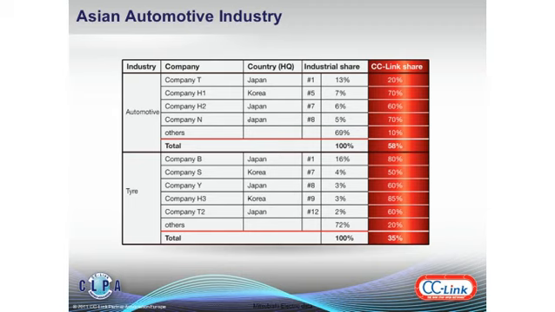And it's not just the automotive companies themselves. Many of the tier 1 suppliers, such as for example in the tire industry, are also heavy users of the CC-Link network technologies. So once again we can see that there's very good opportunities afforded by CC-Link in this industry.